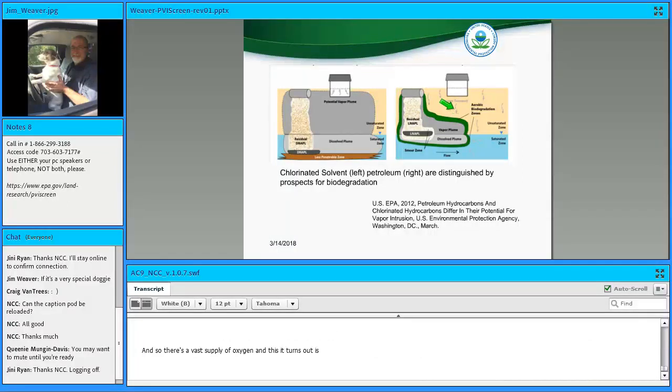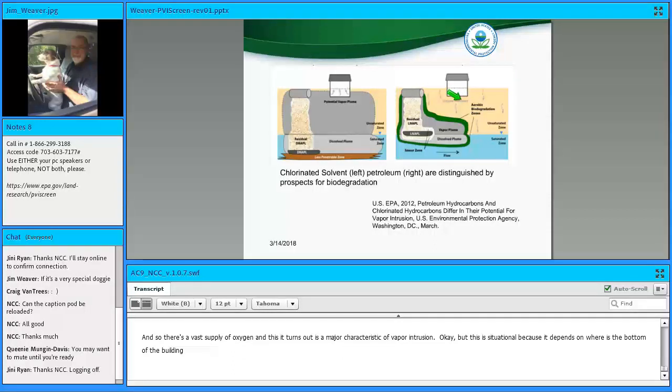Okay, but this is situational. It's situational because it depends on where the bottom of the building is relative to the contamination. So if we were to move the water table up, or if it just wasn't as thick, maybe this contamination does get into the building. And then if the building was located over here near the source where there's this residual NAPL, well, maybe that would be a situation where it could get in the building.